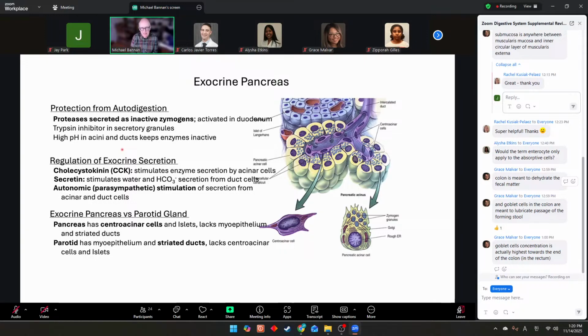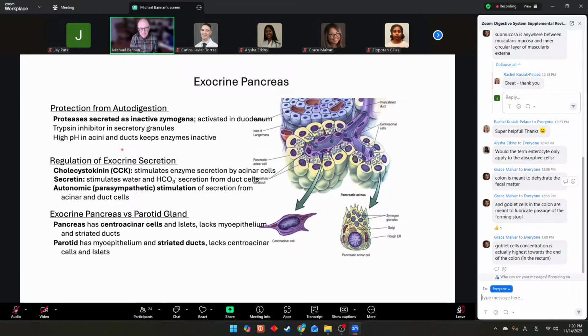Now, one thing about the pancreatic exocrine gland, it is a serous gland, so it histologically may resemble the serous salivary gland, particularly the parotid gland, which is almost entirely serous. How do we distinguish them histologically? We look for characteristic features. We note that the pancreas has central acinar cells and islets of Langerhans, and it lacks two features that we see in the parotid gland, myoepithelial cells and striated ducts.